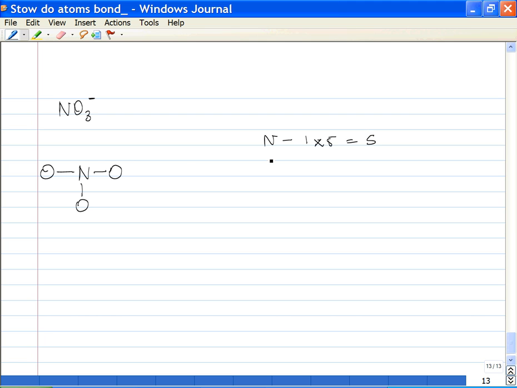Got 1 nitrogen. It has 5 electrons total. We've got 3 oxygens. They have 6 electrons each. And we've got a negative charge. So that adds 1 electron, right?